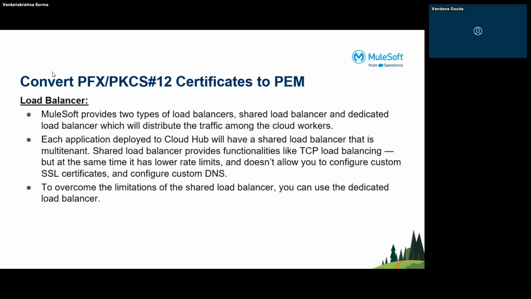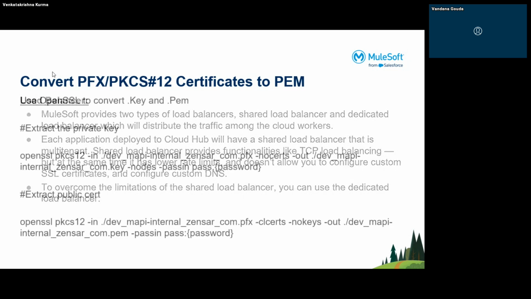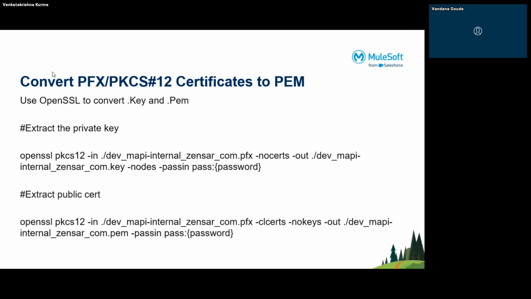To overcome these limitations of the shared load balancer, we have to use the dedicated load balancer, where we can use customized certificates and add the DNS in our environment. That is the main point.